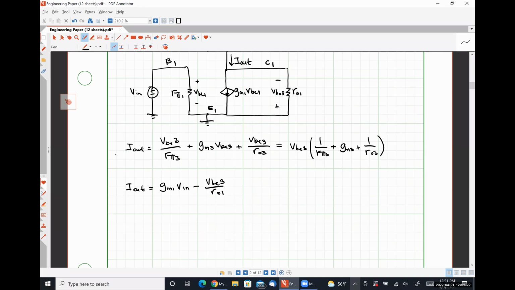And coming down here, VBE3 is then I out times 1 over this guy, right? Well, 1 over this guy is just R pi 3 in parallel with R naught 3 in parallel with 1 over GM3.